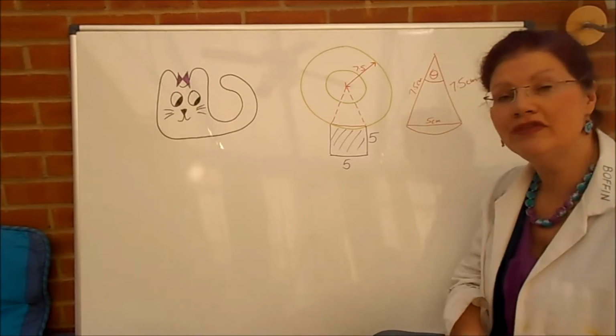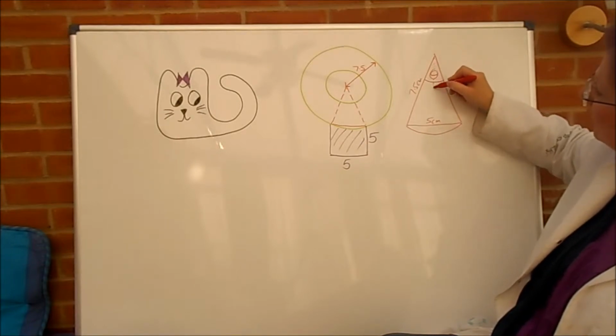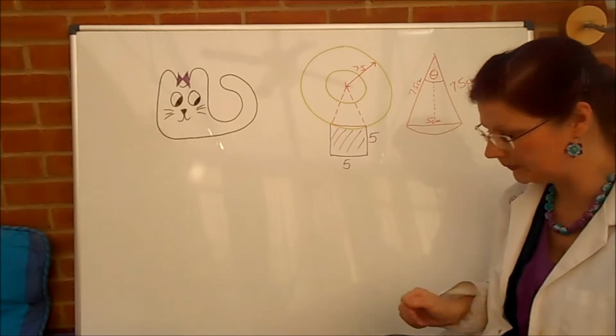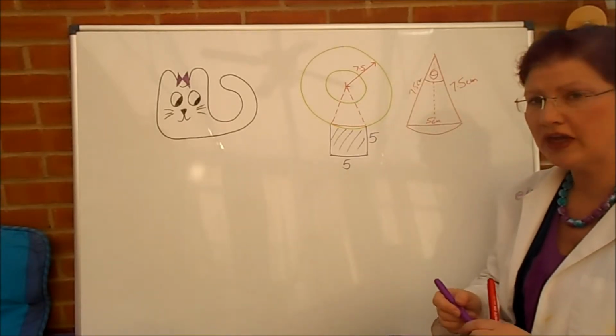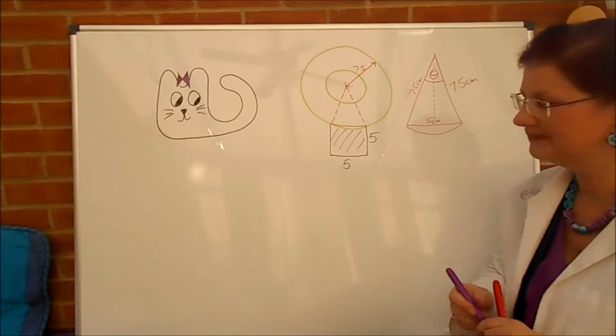Okay? And we can find theta by trig. If I split this isosceles triangle in half, we're going to get a nice right angled triangle. Now, hoping that you're okay with this, it's fairly simple trig, I'm going to do this bit speeded up.